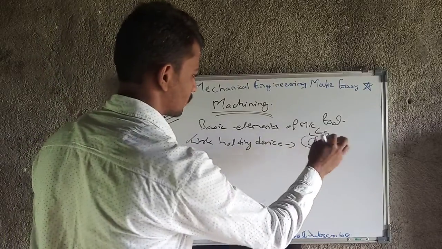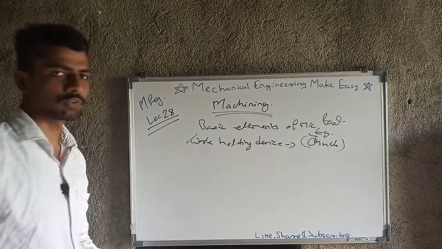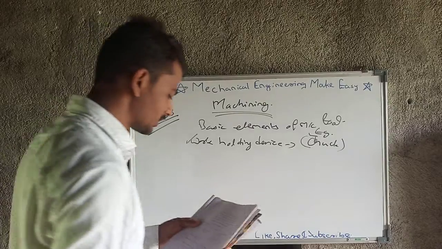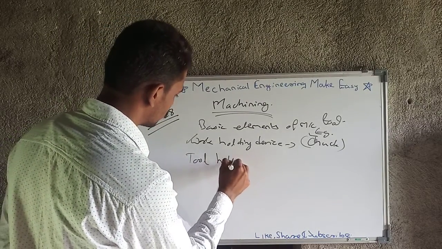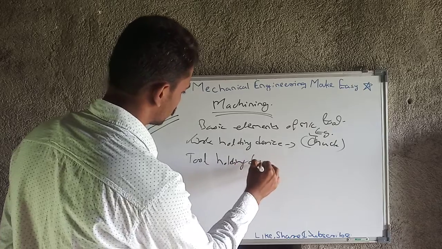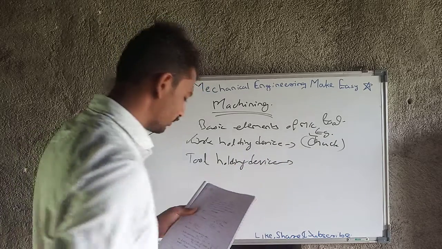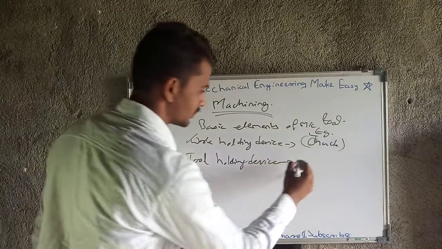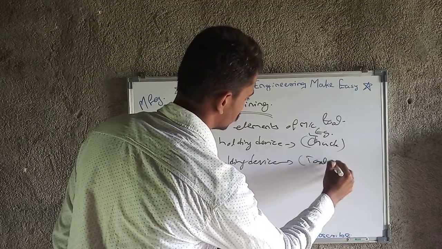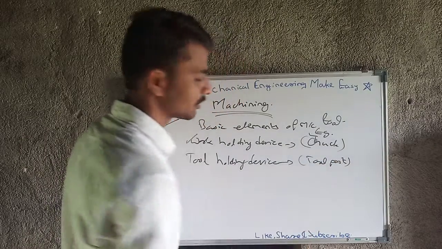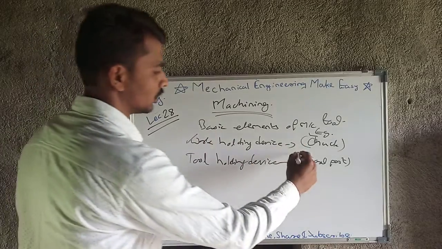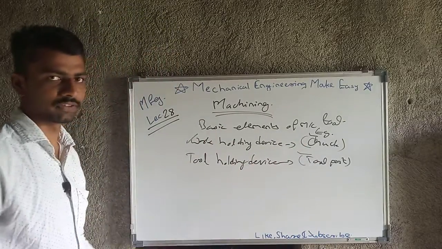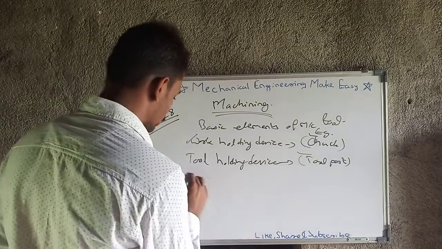Then next is the tool holding device. The example of tool holding device is the tool post. In case of lathe machine, there is one tool post to hold the tool, and that is nothing but the tool holding device.